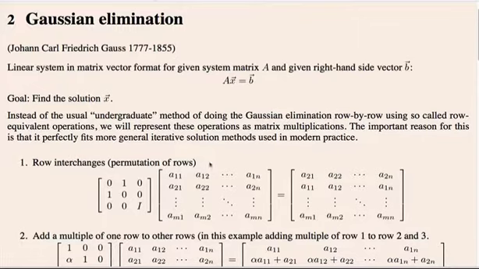One of the row operations is row interchanges, or permutation of rows. This is an introductory example. This is an m by n matrix A where we want to interchange the first and the second row. We modify the identity matrix.